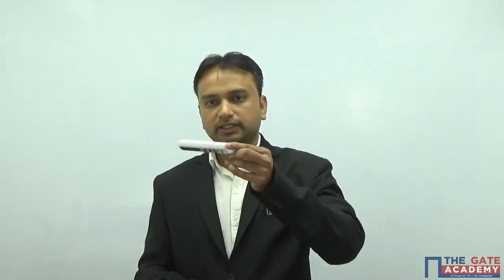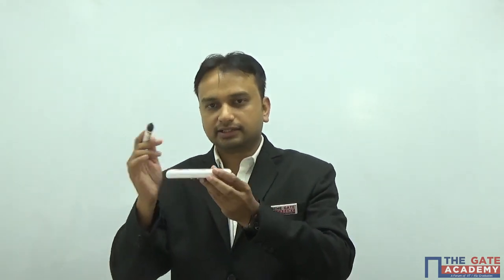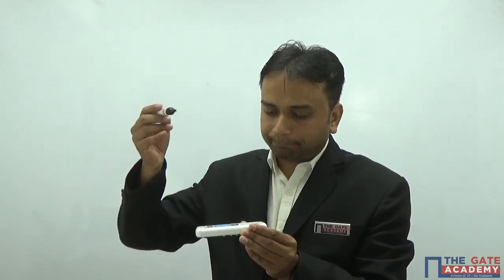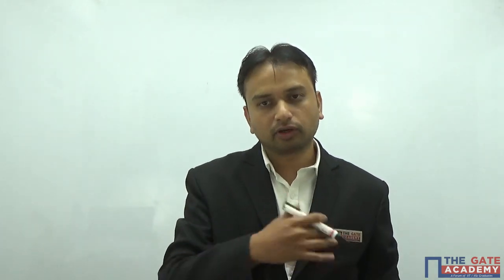Suppose this is your workpiece, and you have an electrode like this. Between the electrode and the workpiece, an arc will be established. How it will be established is a different theory altogether. We are going to talk about that after a few moments.